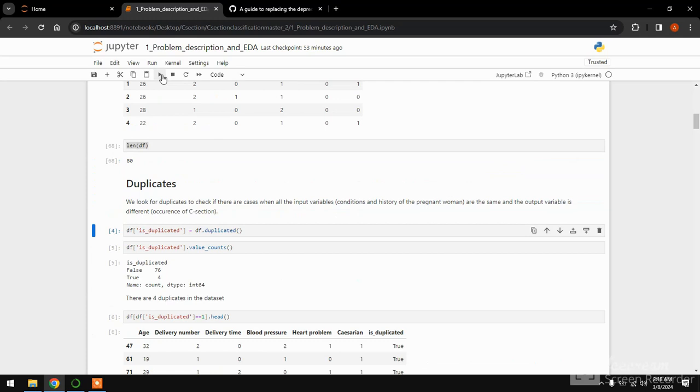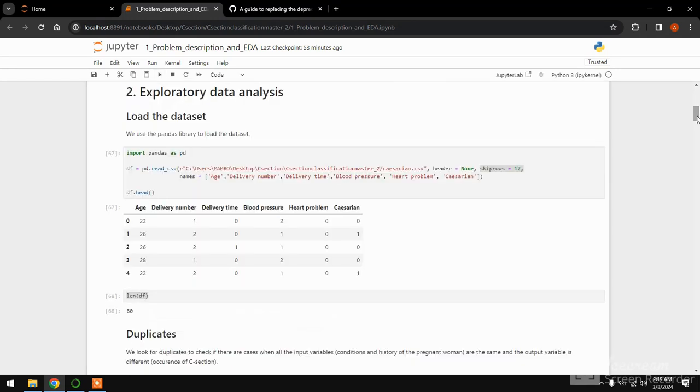In this data set we need to scan for duplicate values. For example, values that have the same age, the same delivery number, the same delivery time, the same blood pressure values, the same heart problem values, and the same outcome for whether the person had a C-section birth or not.